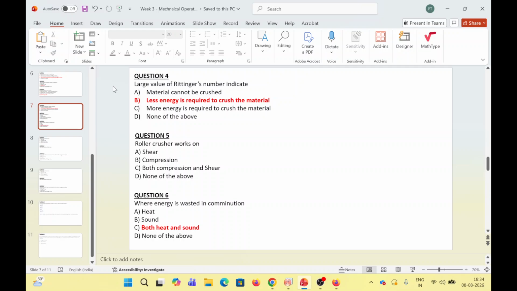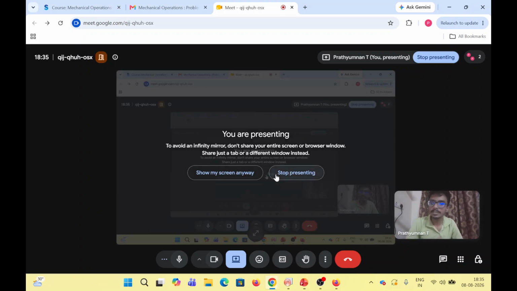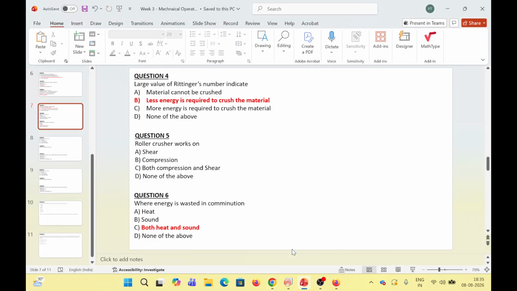Roller crusher, think from that perspective and let me know the answer. I'll wait for some time.